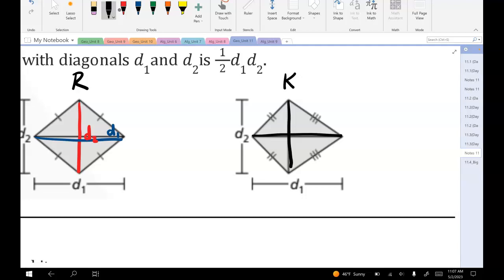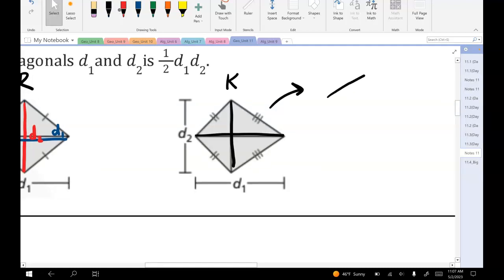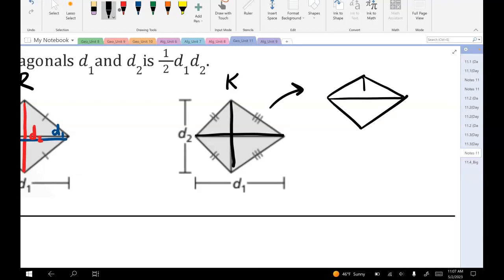This is one question that came up on the homework. If you have a kite that looks like this, and all you're given is that this side is 5, and you know that the whole length of your diagonal 2 is equal to 6.